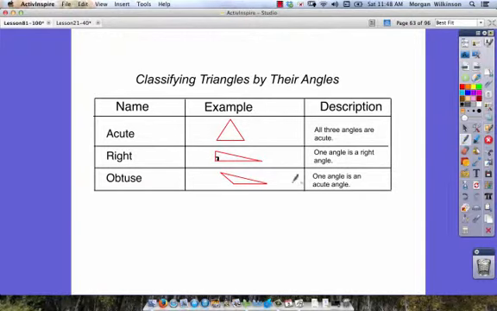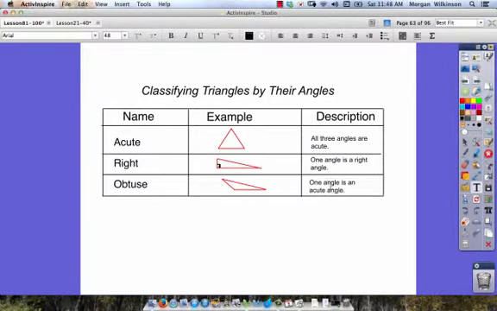An obtuse triangle is an angle, or one angle is an acute angle. And that definition is not correct. Let's fix that. For an obtuse triangle, one angle is an obtuse angle, of course. Because if we only had one angle that was an acute angle, that would only tell us one of our angles.